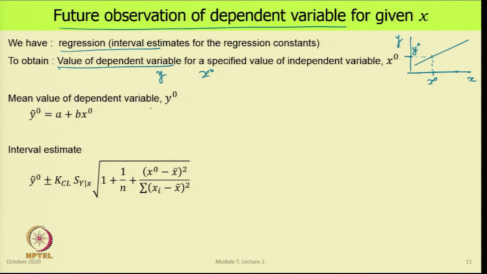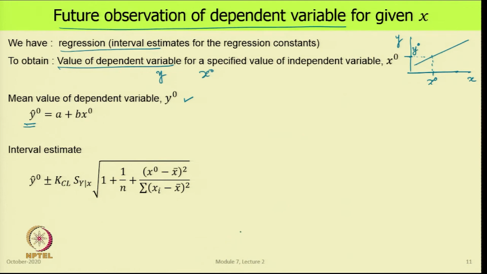So, we have the mean value of the dependent variable y 0, which is nothing but we use the regression, substitute the x 0 value in lieu of x, and we get the predicted value of y for that value, which we denote by y hat because it is the predicted value, and 0 because it corresponds to x 0. So, this is the mean value of the dependent variable that we get, simple and straightforward.